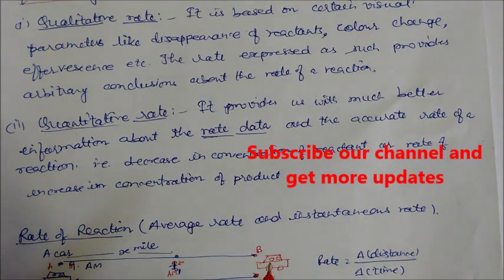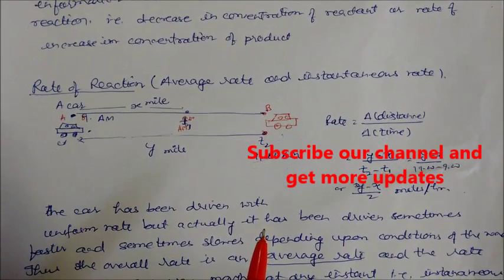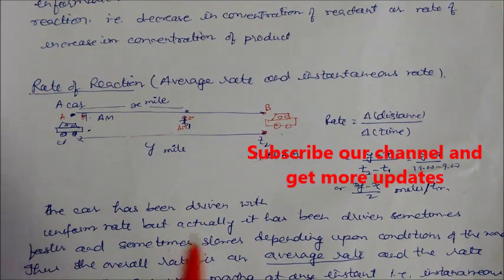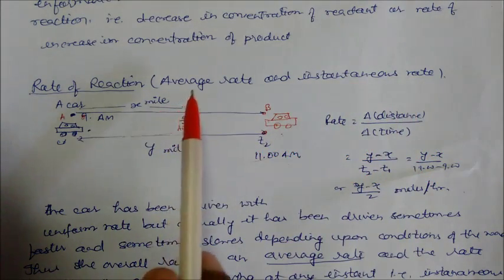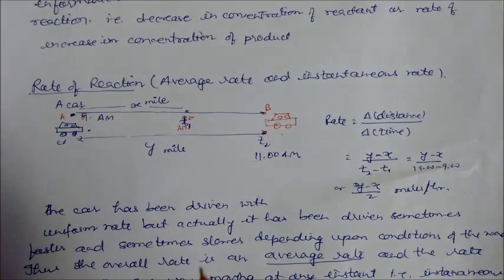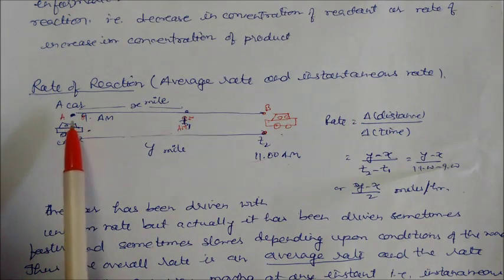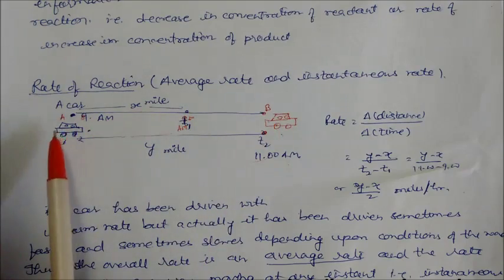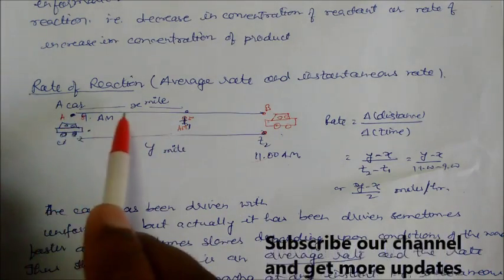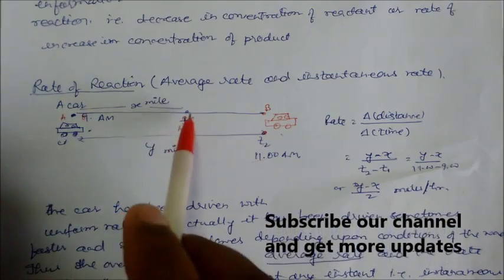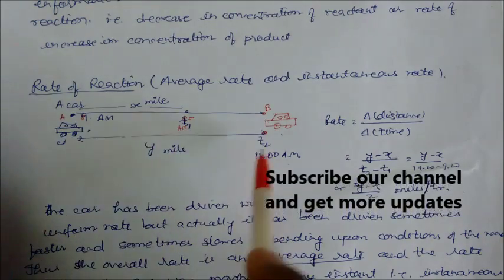Now let us take one hypothetical example to understand the different rates of chemical reaction, that is average rate and instantaneous rate. We have two types, average and instantaneous. Suppose a car is going from A to B. From A to somewhere in the middle the car has traveled x miles, and from there it travels another distance, so from the start to this point the distance is y miles.